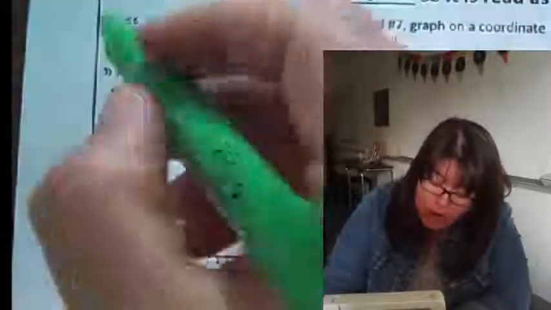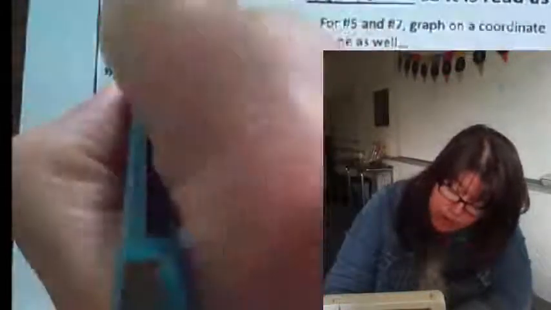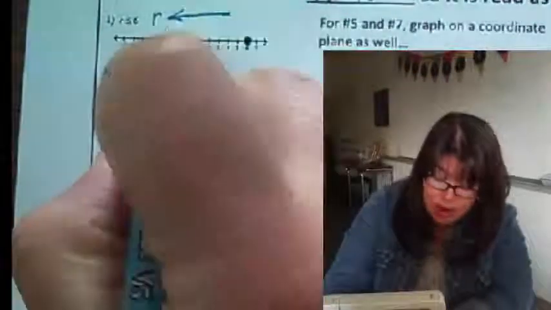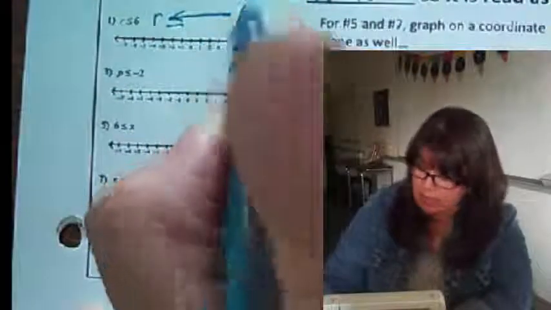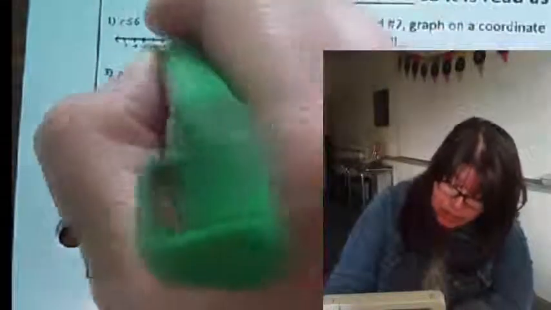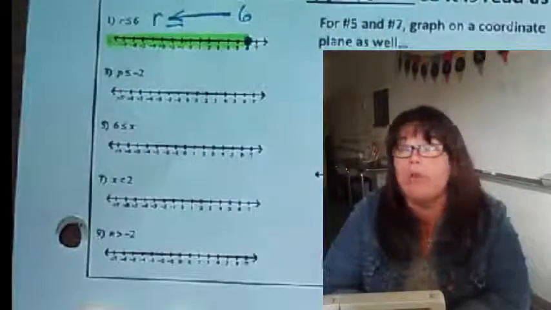I want the R values that are less than, and here's what we're going to do. If you were to rewrite this bigger and make this into an arrow, it tells you what direction to shade. R less than or equal to 6. So I'm going to shade the direction that the arrow is pointing, which is this way. I'm going to shade my whole number line.